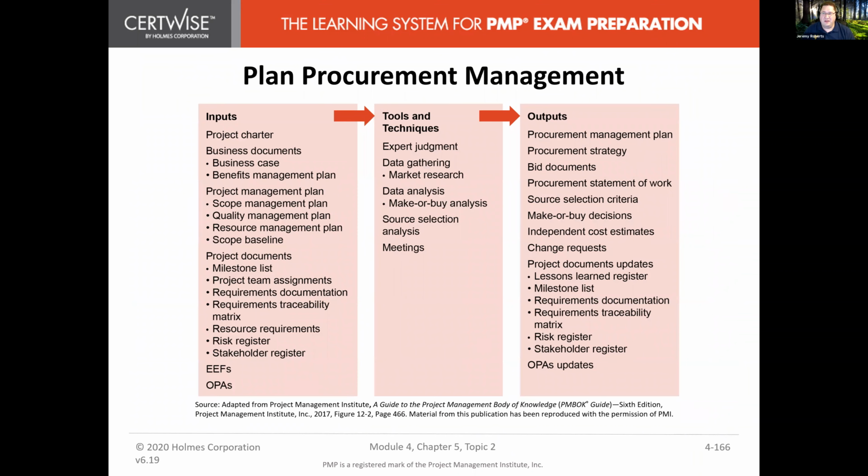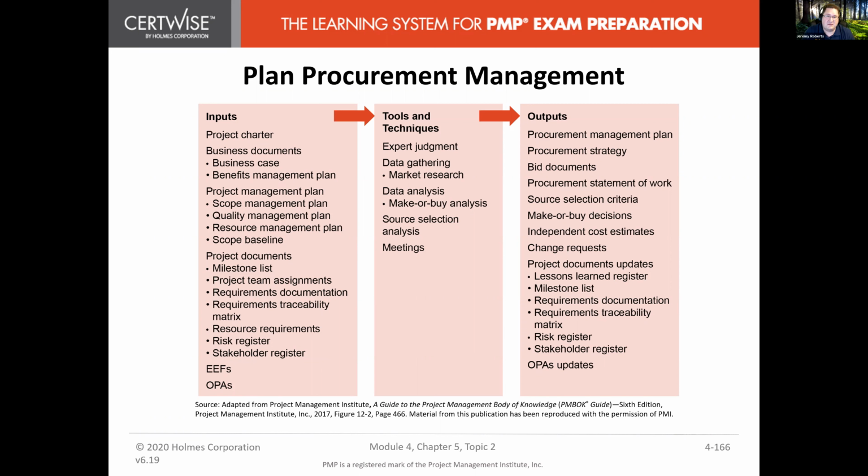So now we need a plan for that procurement. For this, we need our project charter, our business documents. So what is our business case? How do we deal with the benefits management plan? Then we need our project management plan. So we need the scope management plan, the quality management plan, resource management plan, and the scope baseline.